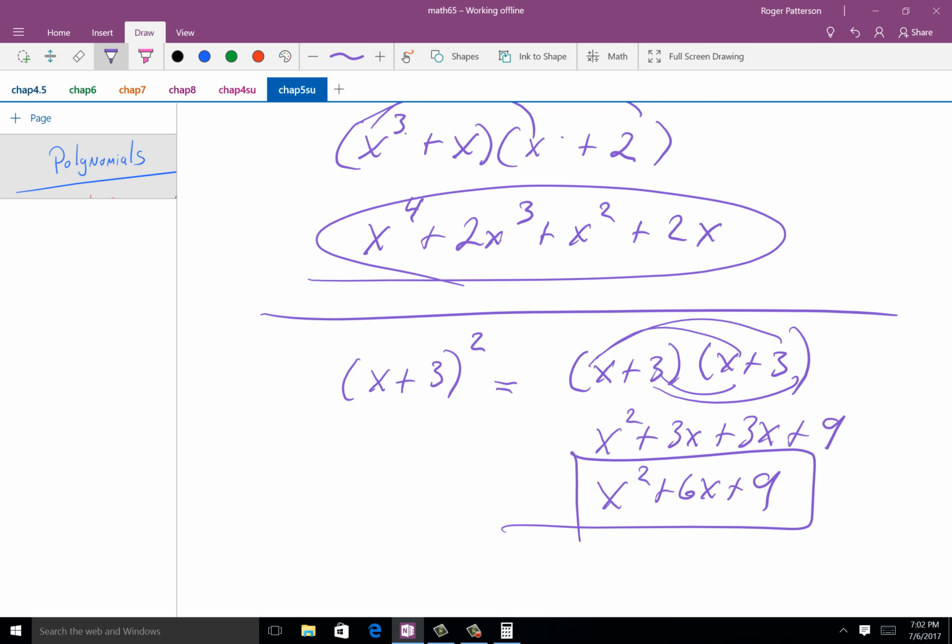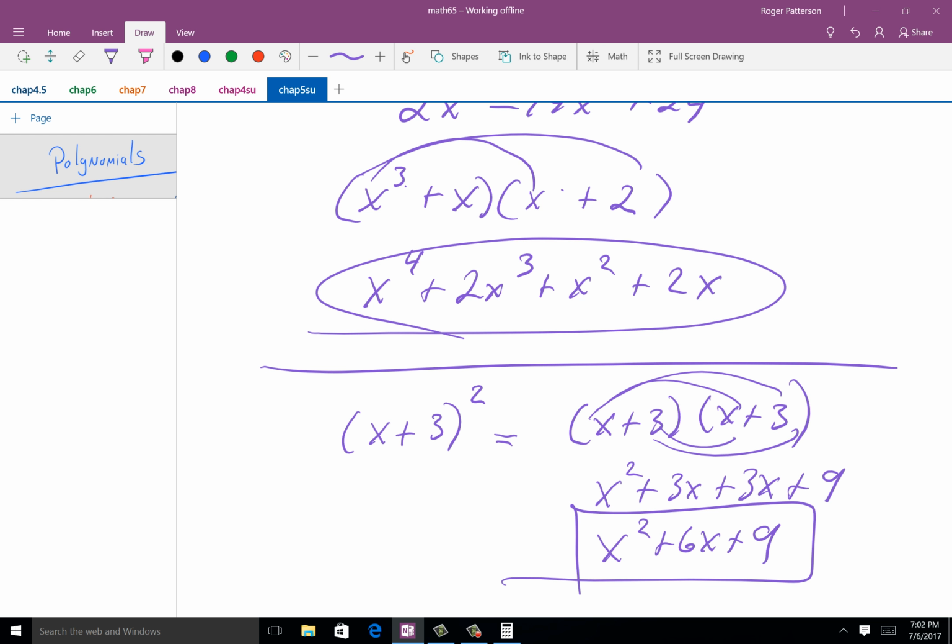Questions on that part? A little bit easier than graphing, huh? So, the question: when you had that problem with x squared, you said it combined in the center? This one here? Yeah. This one doesn't combine.